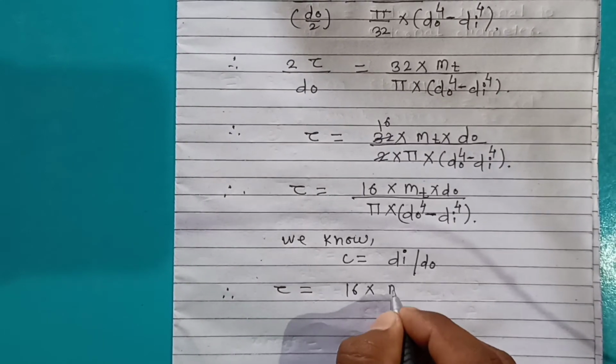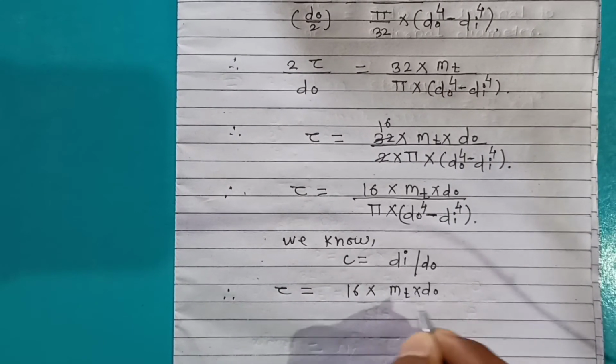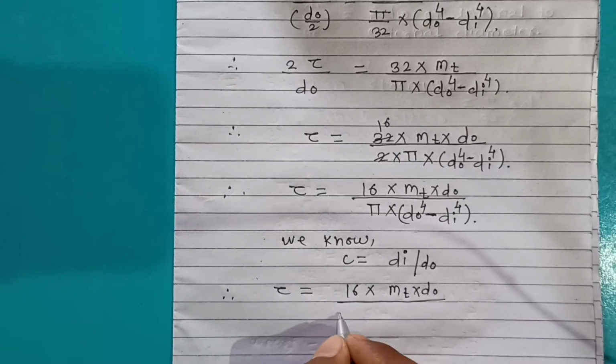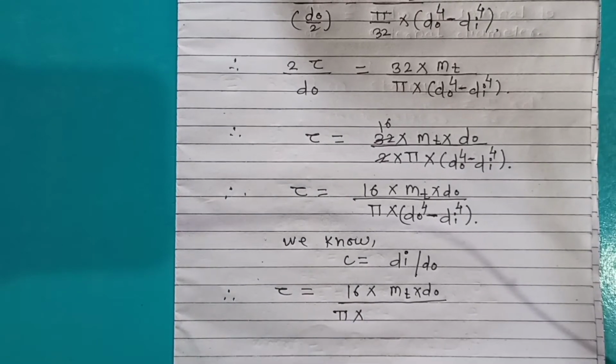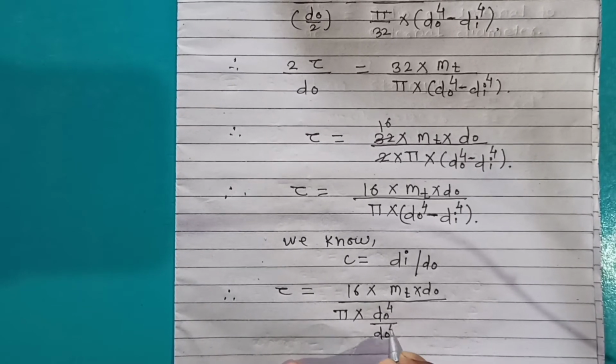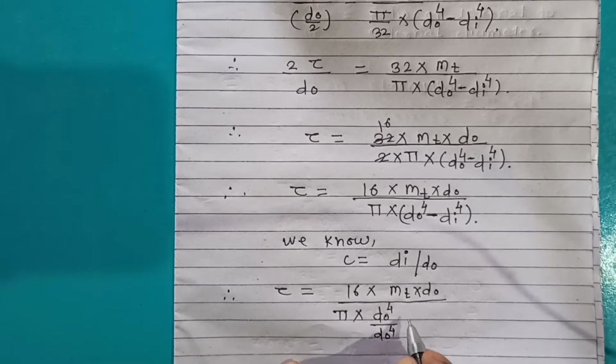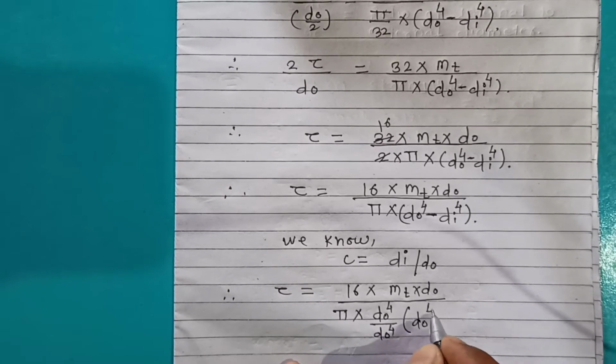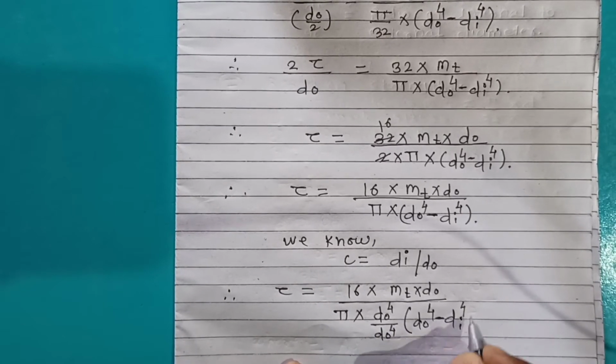Tau is equal to 16 into mt into do divided by pi into do raised to 4 divided by do raised to 4, in bracket do raised to 4 minus di raised to 4.